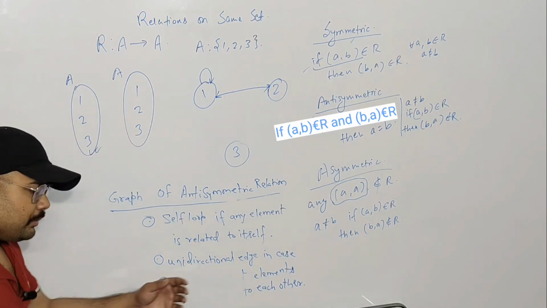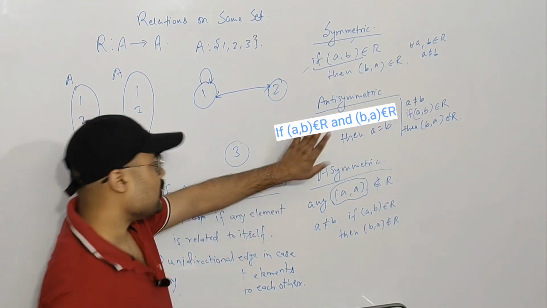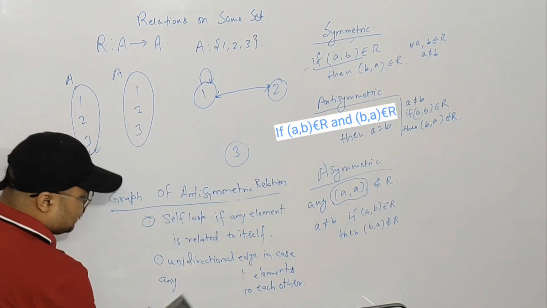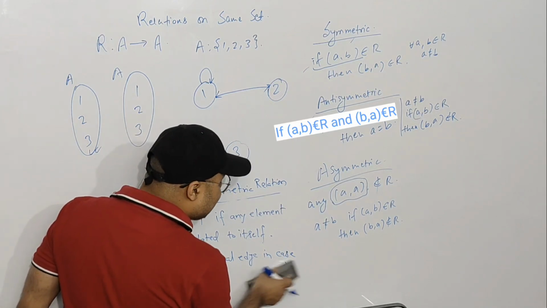This means two distinct elements cannot be related to each other in anti-symmetry.